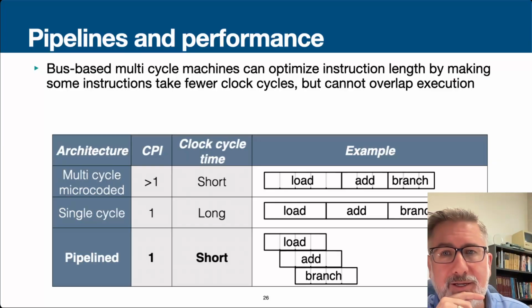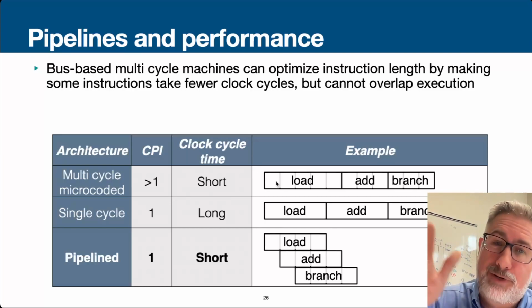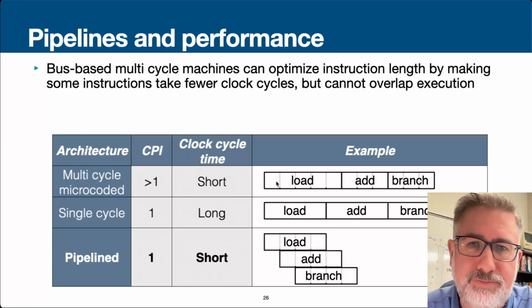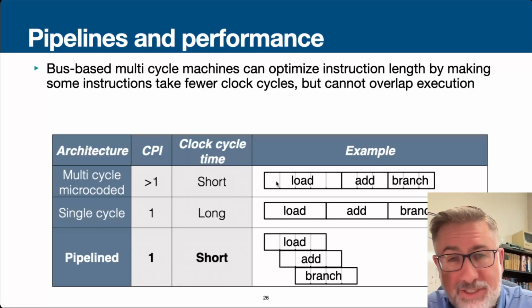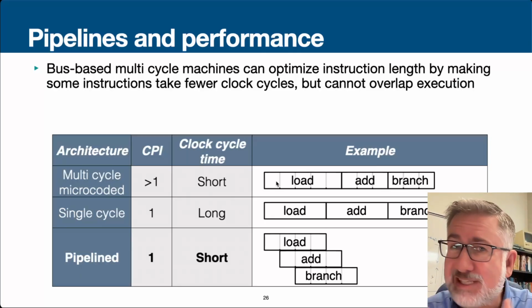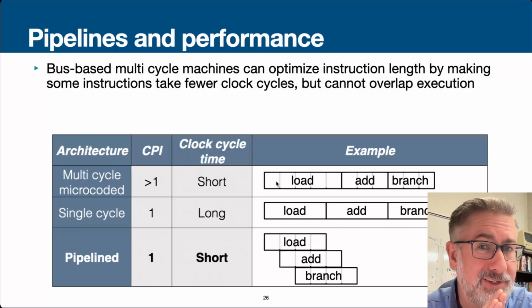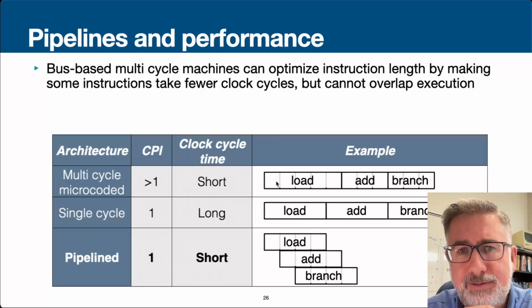So in a multi-cycle machine, these are the examples that we've got here. In a multi-cycle machine that is not pipelined, like the one bus machine that we built for LC3 or the multi-bus machines that we built in other contexts, you can optimize a little bit, right? You can keep your clock cycles short because any clock cycle is just how long a single functional unit takes to operate, take the result from the bus, do something, put the result back on the bus.